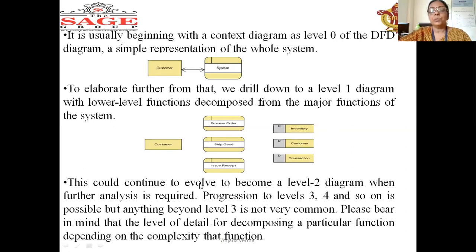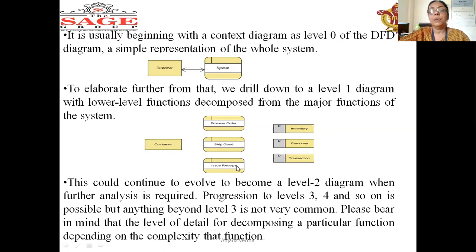Now, after this, you can also decompose the system in level 2, level 3, level 4. Level 1 is when the process order from 0 to 1 is decomposed into 3 parts.